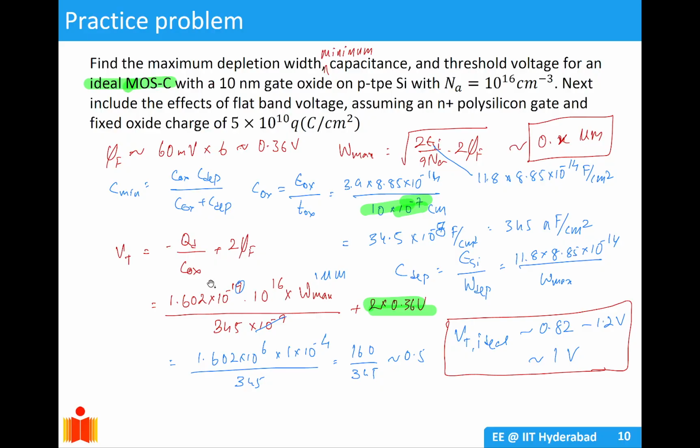So you put that here. Cox you have calculated as 34.5 into 10 power minus 8 farad per centimeter square, that is 345 nanofarad per centimeter square. So you put that here. Then phi f you know is 0.36, so you can calculate this. It will come around 0.5 volts.